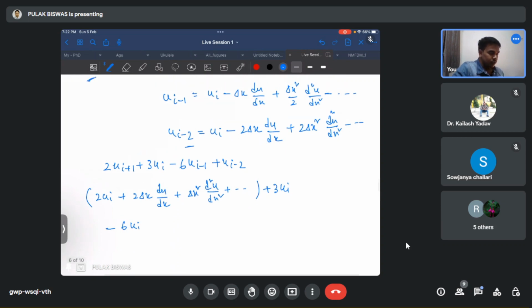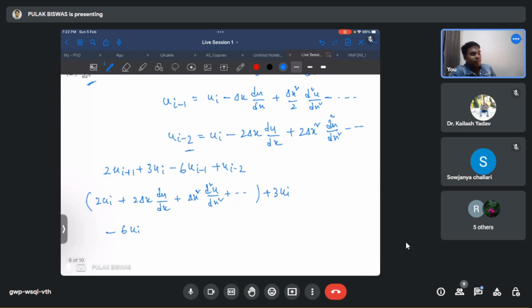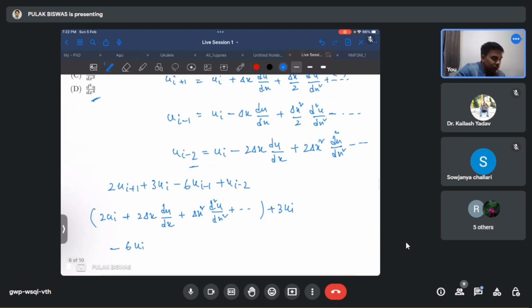Now let me see what is coming, then from this example, we can decide up to what term we should keep.